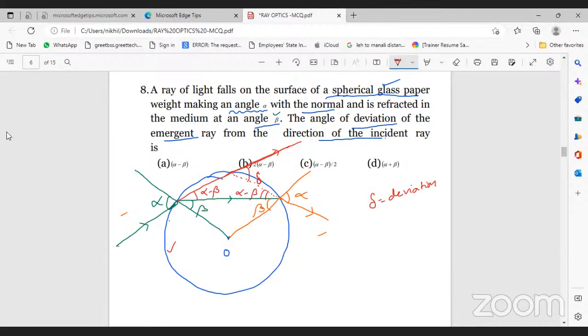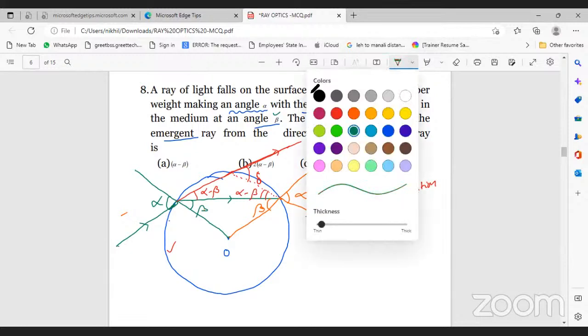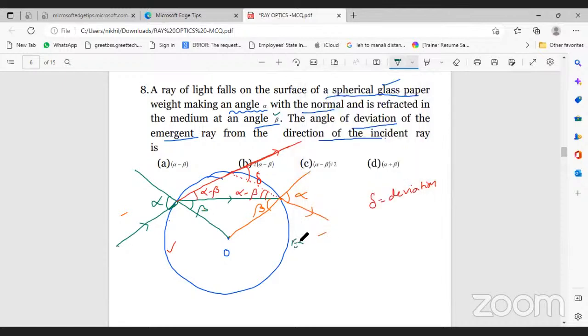One geometrical concept tells us the exterior angle is equal to the sum of the interior angles. So the exterior angle is nothing but delta here, that is deviation.